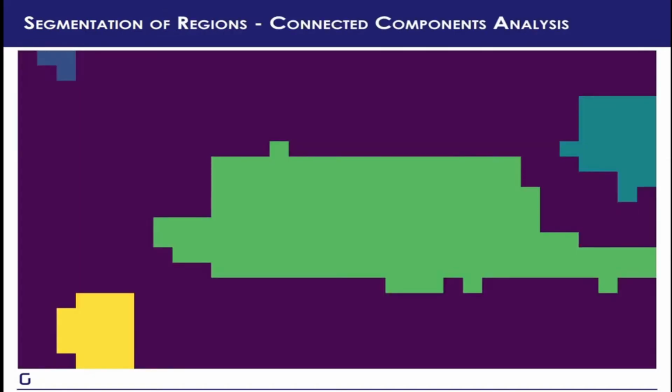So using connected component analysis, we can just tie together pixels that belong to the same region. Now this is a classic image processing technique that allows us to extract contiguous or connected regions in a binary image. For example, we see that this set of pixels is disconnected from this set of pixels, which is in turn disconnected from this set of pixels and also from this set of pixels.